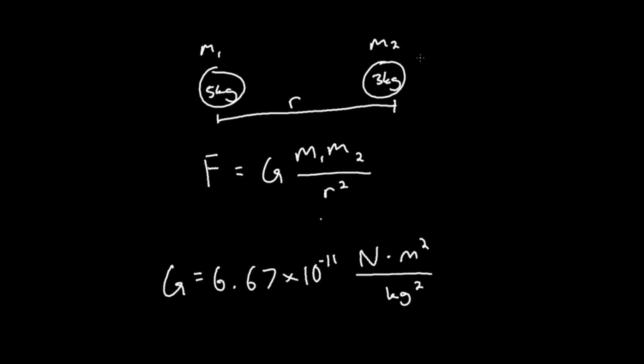But basically, this formula tells you the force between two objects based on their masses, the gravitational constant, and the distance between their two centers of mass. Let's go ahead and do some problems that have us calculate the force between two objects, or the gravitational attraction.